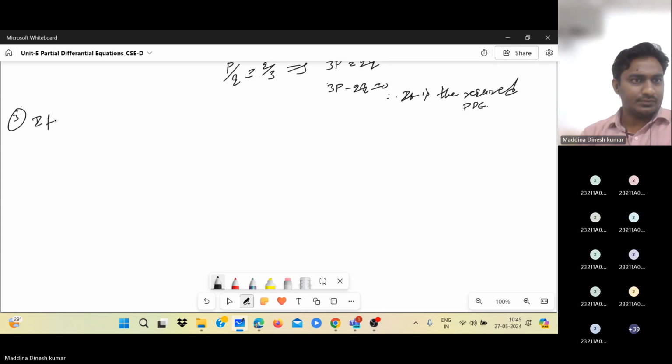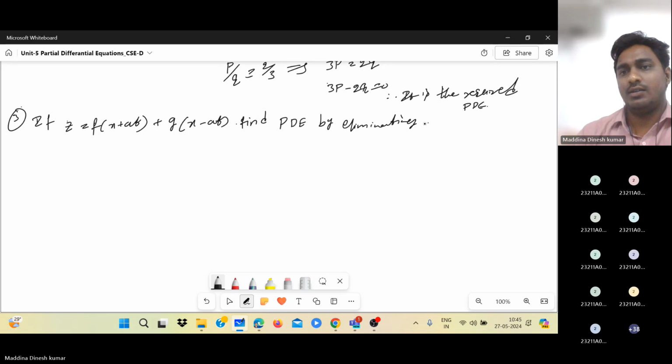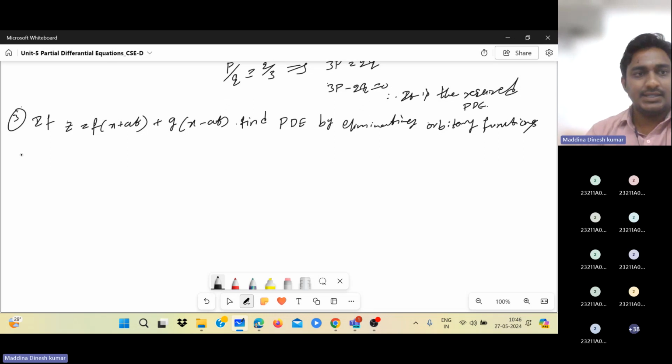If z equal to f of x plus at plus g of x minus at, find the PDE by eliminating the arbitrary functions f, g.